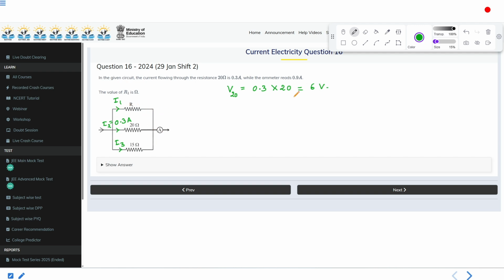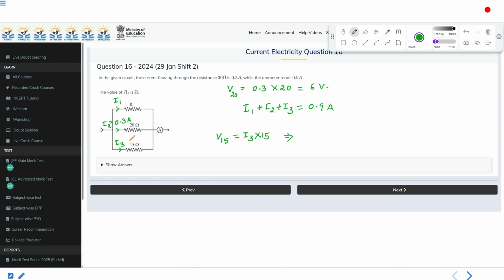The potential difference across this resistance is also the same. We have to find the current. Since the ammeter reads 0.9 ampere, it means I1 plus I2 plus I3 will be equal to 0.9 ampere. Now the potential difference across this, V15, is equal to I3 into 15, so we can find I3 from here.